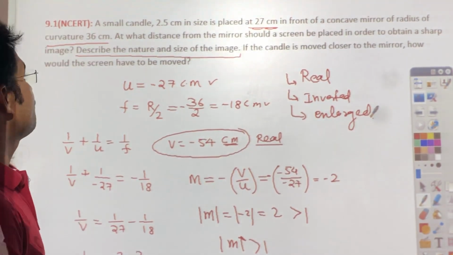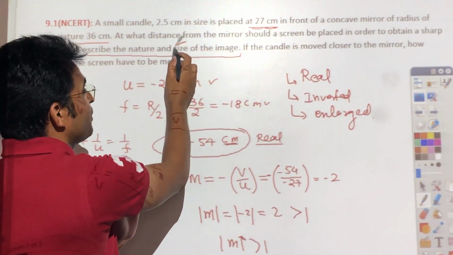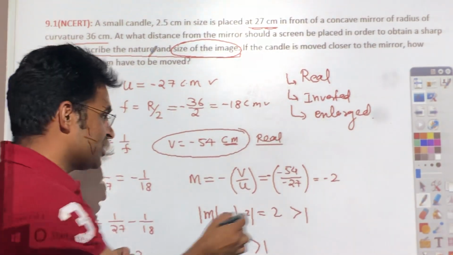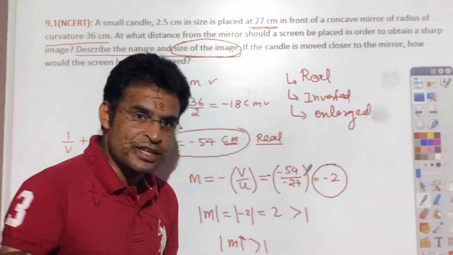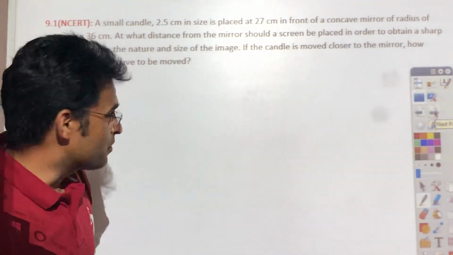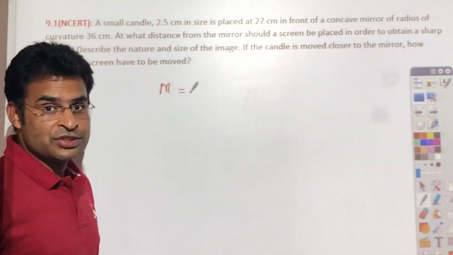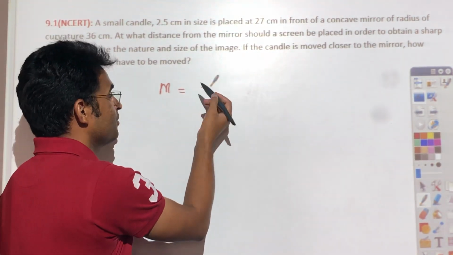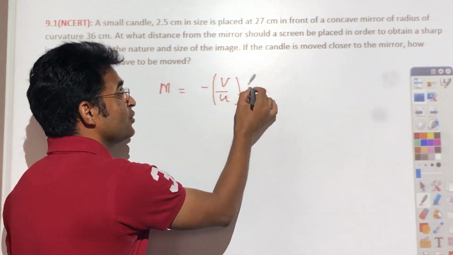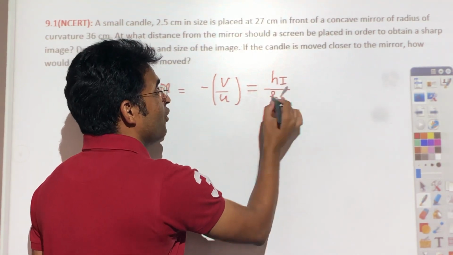One more thing they ask: what will be the size of that image? Size of image means magnification, which we already got. What's the magnification? Minus 2. And there is one more formula for magnification: m is equal to minus v divided by u, which is also equal to height of image divided by height of object.